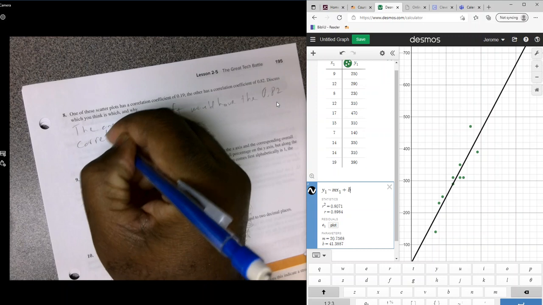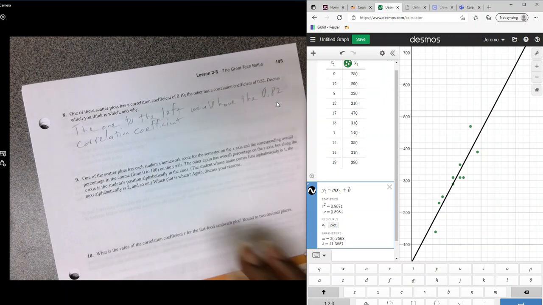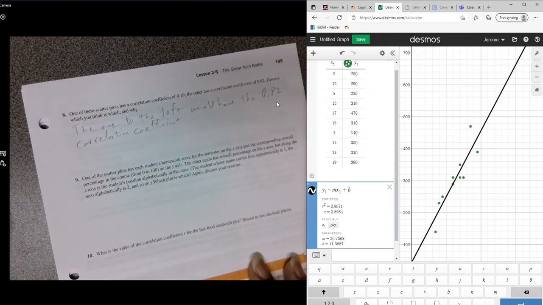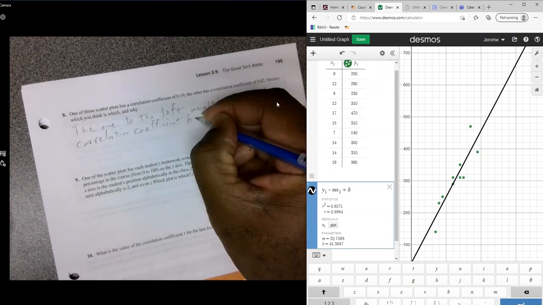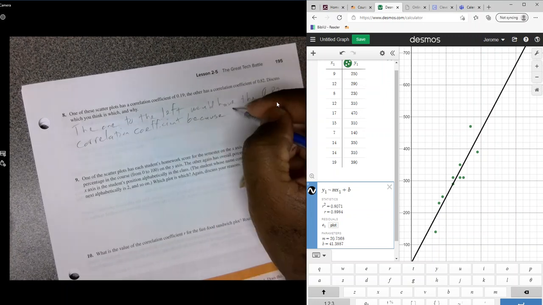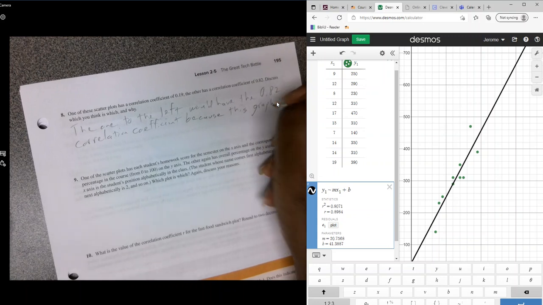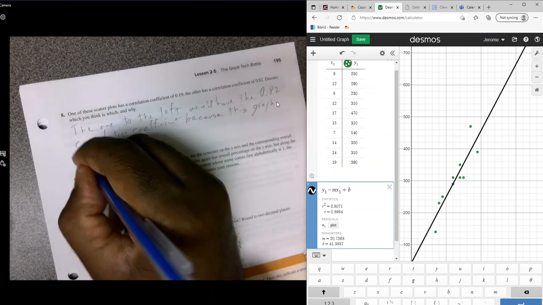Because this graph looks more like a line with a positive slope.